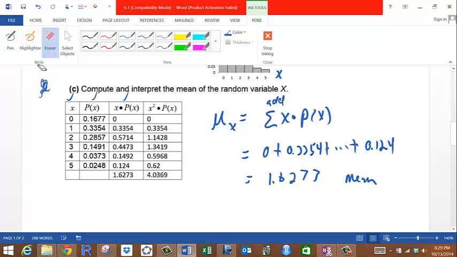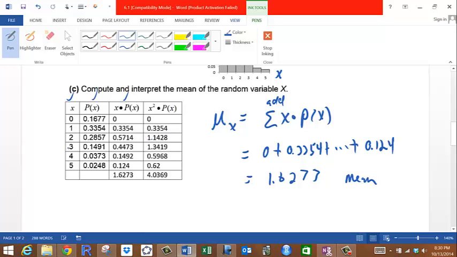So here's what we're going to do. We're going to take x and square it and multiply by p of x. So 0 squared is 0 times 0.16 is 0. 1 squared is 1 times 0.3354 is 0.3354. 2 squared is 4, and 4 times 0.2857 is 1.1428.